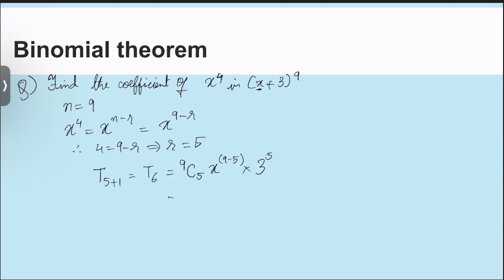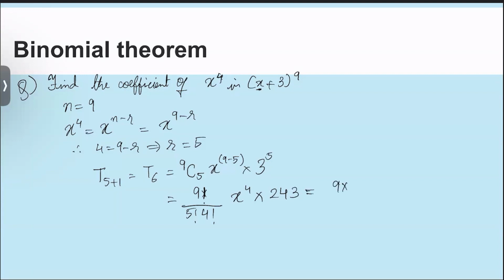Now let's get the coefficient. You have 9 factorial upon 5 factorial upon 4 factorial, since 9 minus 5 is 4. So you have x raised to 4, and 3 raised to 5, which is 243.